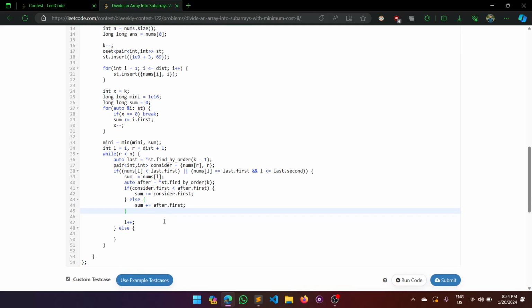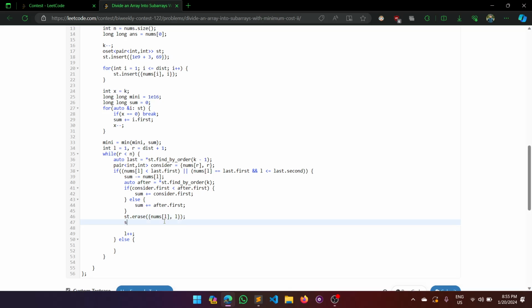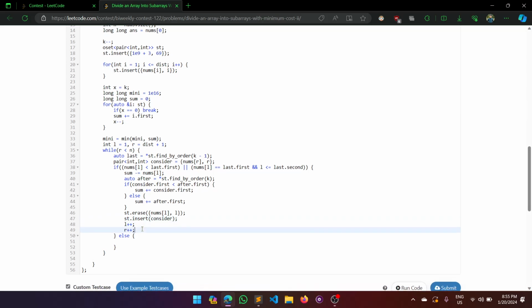Yes. So now what we will do is set dot erase. Which one? Nums of a comma L and z dot insert. This one consider. I have incremented L. I'll increment R as well. Okay.